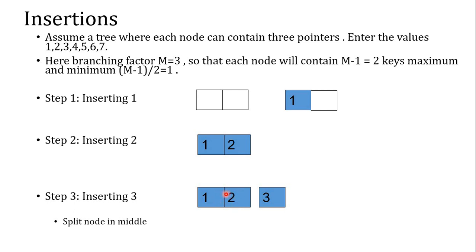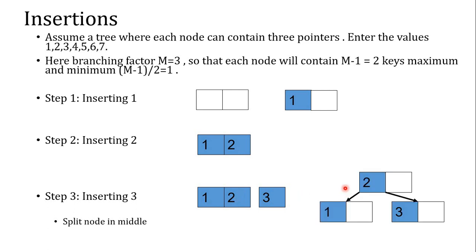There are 3 values here, 1, 2 and 3, so we will split the node here and make the middle one the root. From there the middle one is 2, so we split here and choose the middle one as the root value.